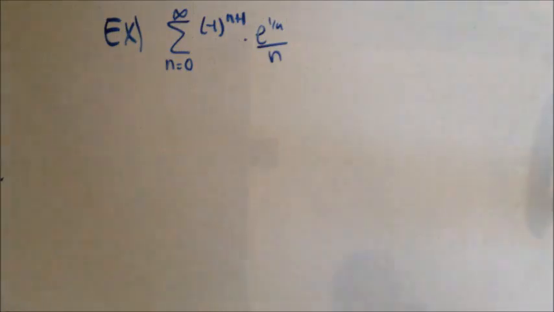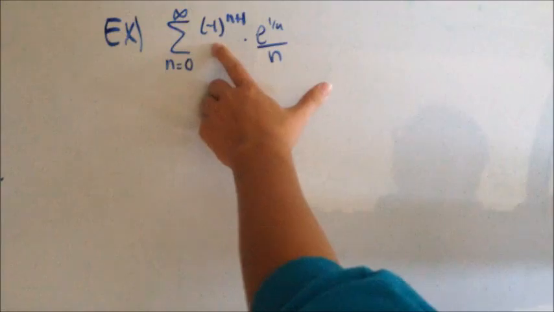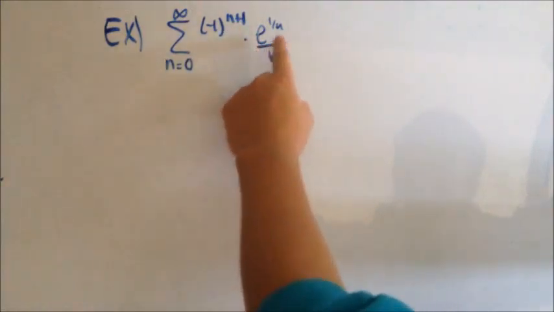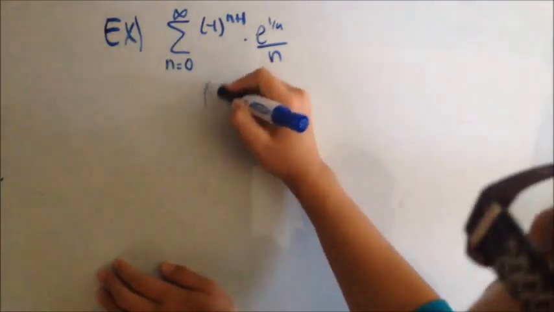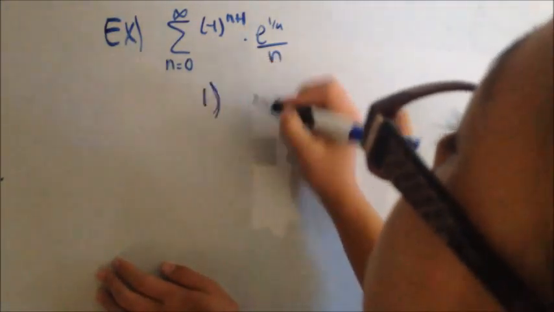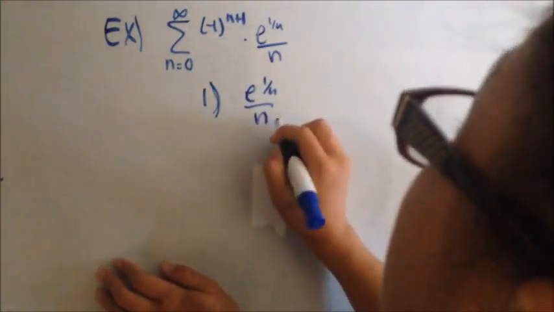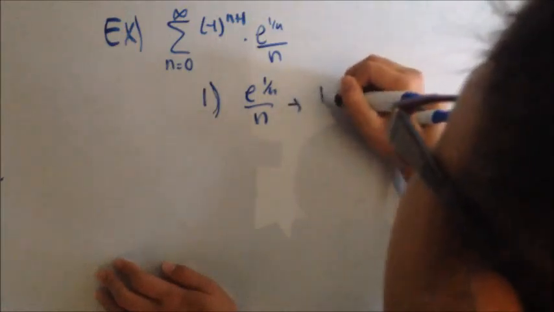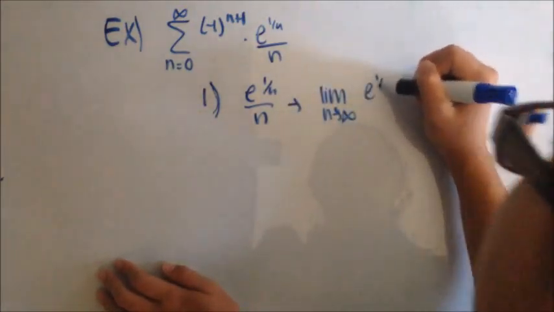Here's our next example. The series, starting at 0, going to infinity, of (-1)^(n+1) times e to the 1 over n all over n. So our first step is going to take that non-alternating part, so ignoring the -1, and taking e to the 1 over n all over n, and we're going to take the limit of that as n goes to infinity.